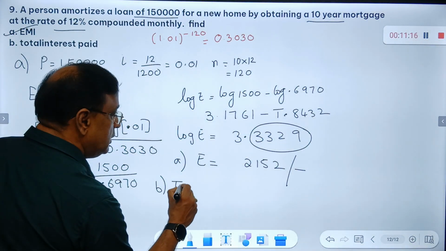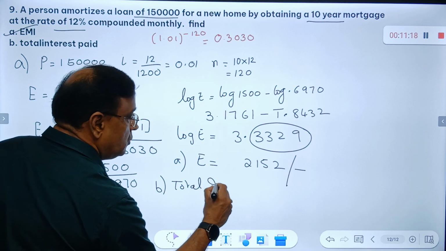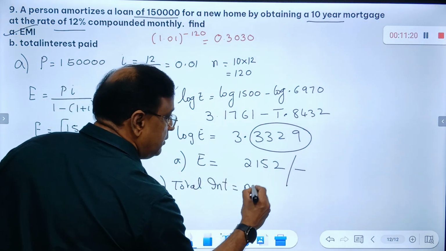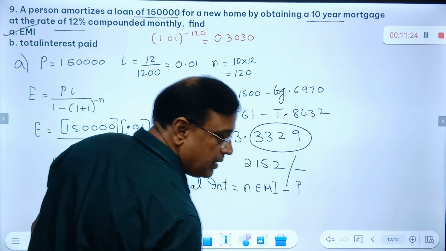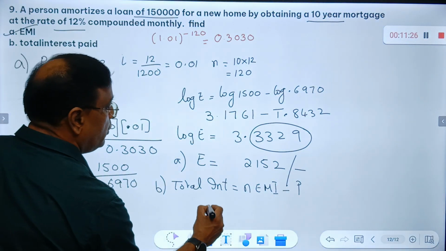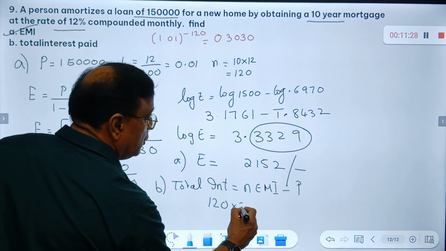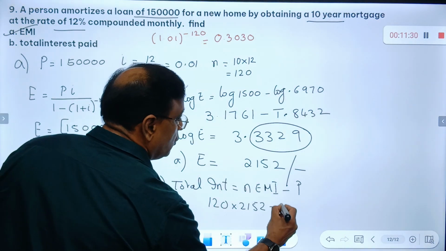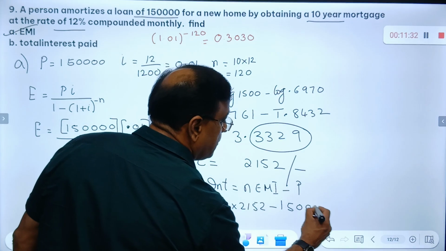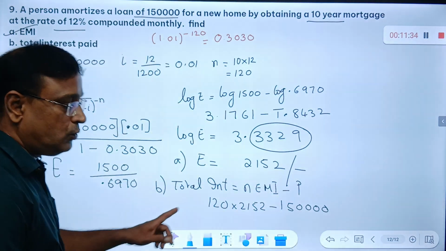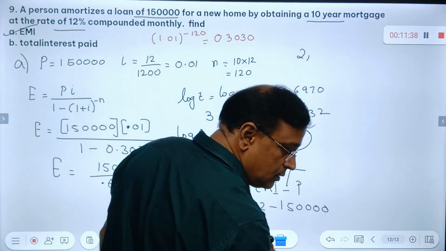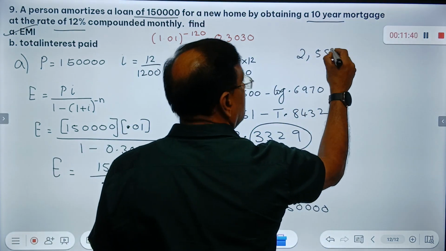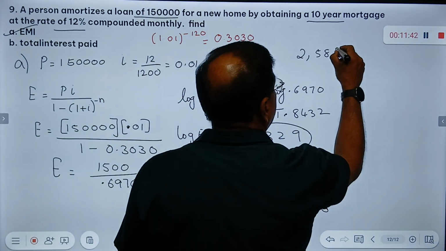So what is the total interest formula? Total interest is N into EMI minus the principal. N is what? N is 120. What is EMI? 2152. And my total principal is 1,50,000. Now 120 into 2152, I am getting it as 2,58,240, which I have calculated.